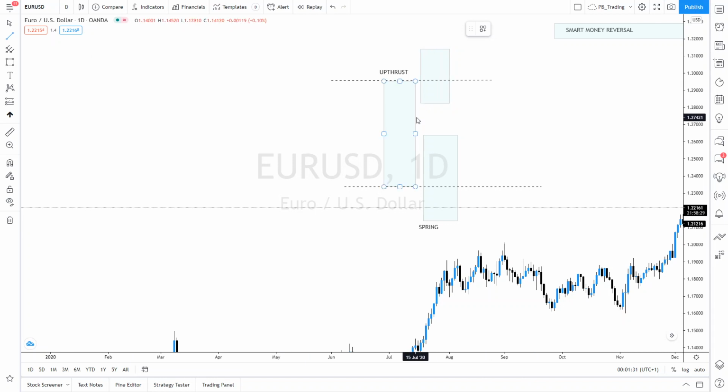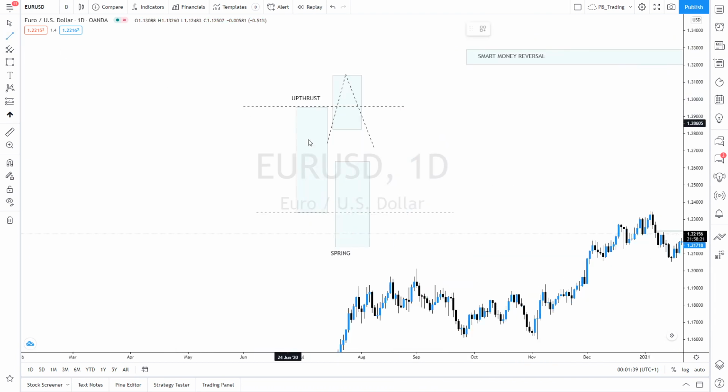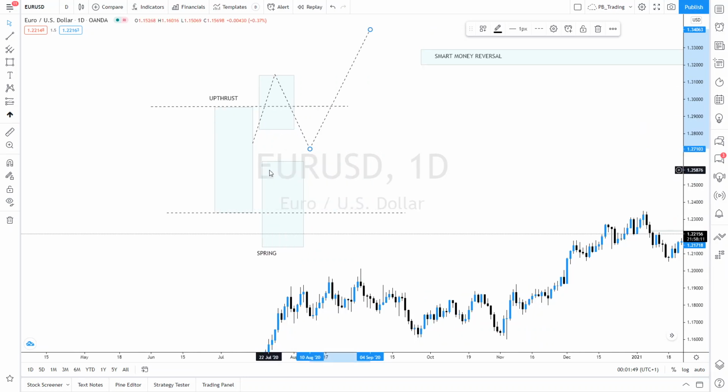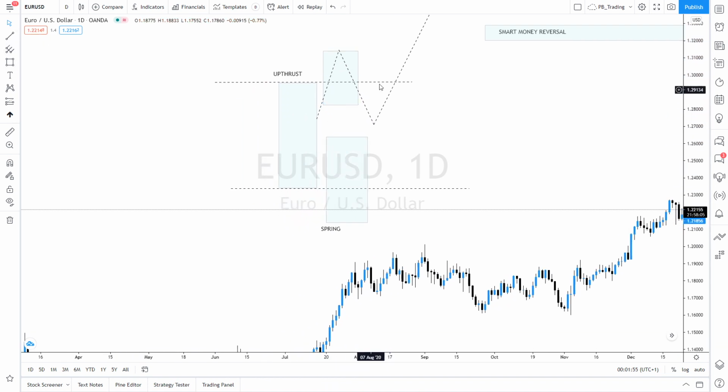So price breaks the structure of the daily high, and 9 out of 10 times price comes back into structure. It could be a pullback for price to continue going higher, but rest assured, 9 out of 10 times you get price pulling back into structure after the daily high has been taken out. Vice versa for when a daily low is broken by the next day's candle.